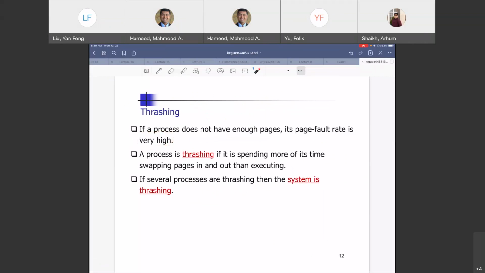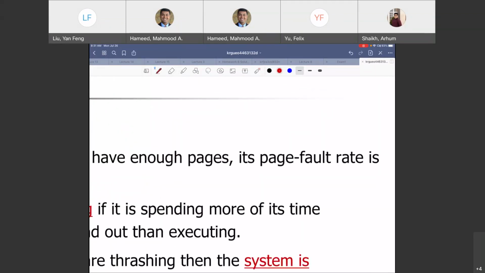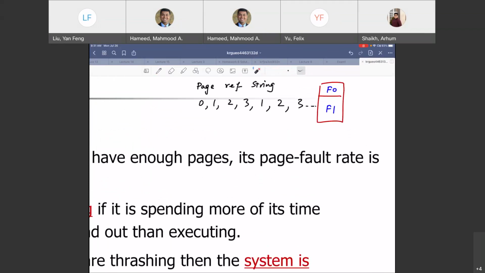Let me make up a simple scenario. Suppose you have only 2 frames, say frame 0 and frame 1, and your page reference string is 0, 1, 2, 3, 1, 2, 3, and so on. This particular process is trying to request pages 0, 1, 2, and 3.